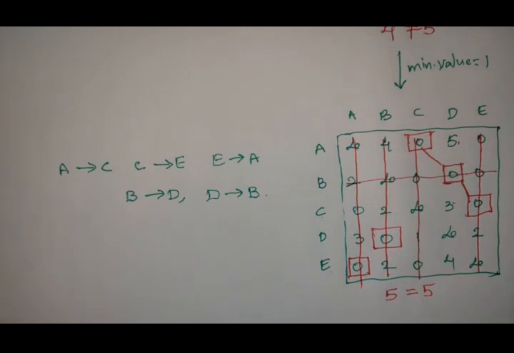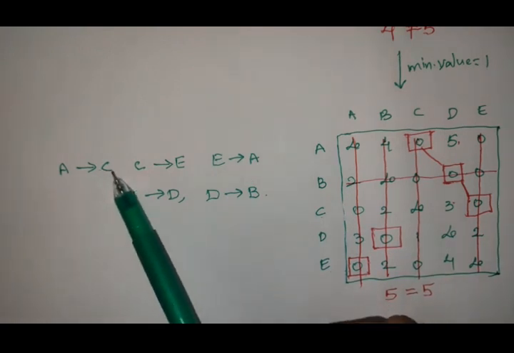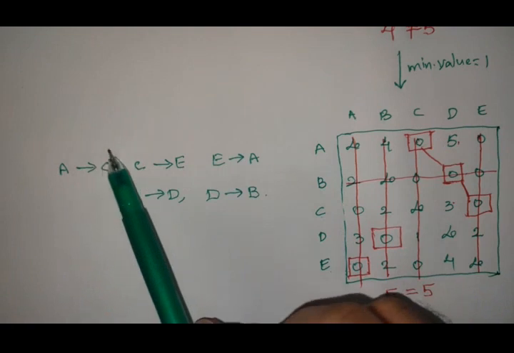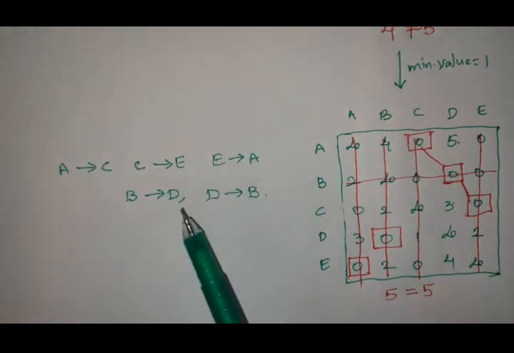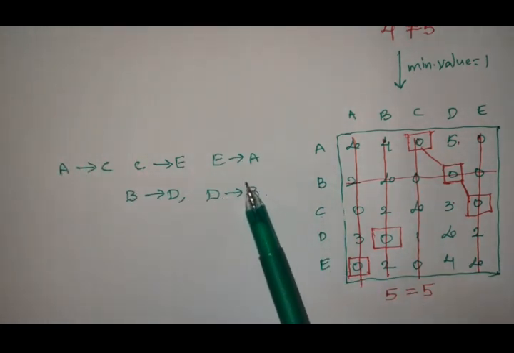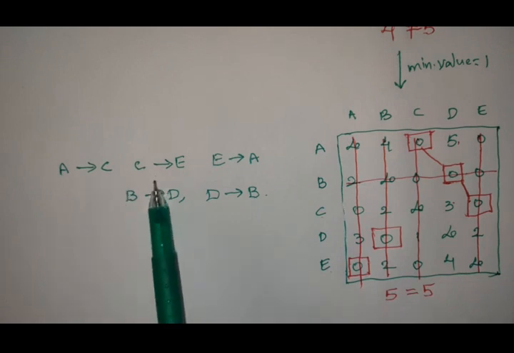Now if you observe all these 5 routes, you can understand that A to C, C to E, E to A will form a single route, and B to D, D to B is forming another route. So we need to get only one route covering all the 5 cities. But here we are getting 2 routes.